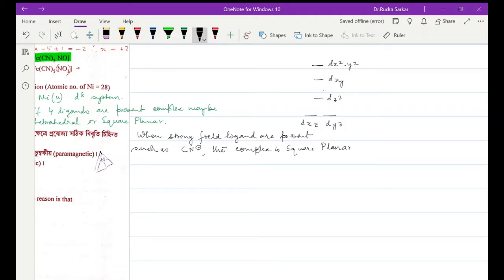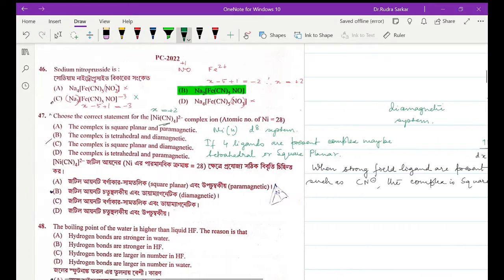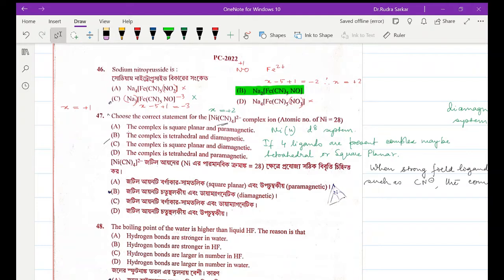So if you now put the electrons over here for a d8 system, 1, 2, 3, 4, 5, 6, 7, and 8. So as you can see, there are no unpaired electrons, so this will be a diamagnetic system. Okay, so the correct answer here is square planar and diamagnetic system, and that means this one.